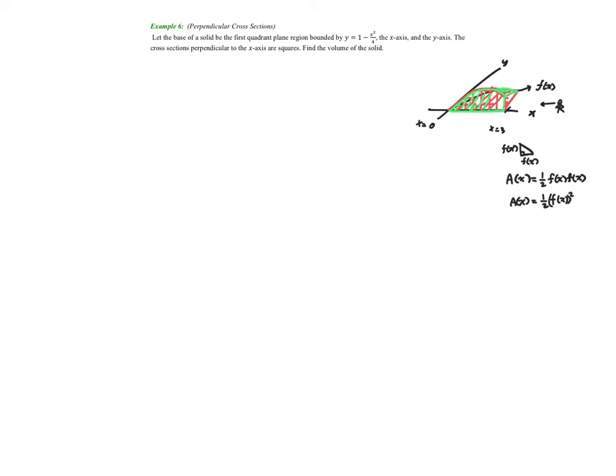So let's sketch that. And it's easiest to visualize this when you give a little perspective to the graph, right? So I kind of tilt the y-axis a little bit. So here's x, here's y. This graph, 1 minus x squared over 4, is going to have a y-intercept of 1, right? So if I plug in x equals 0, I get y equals 1.